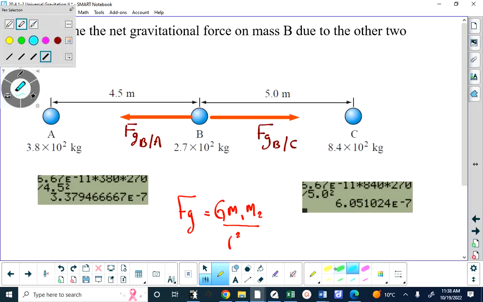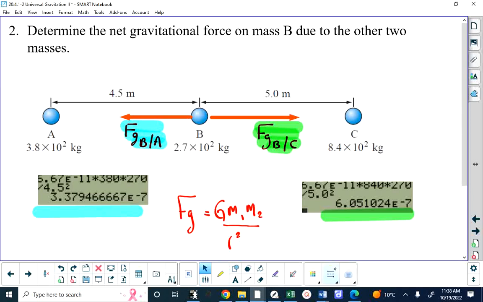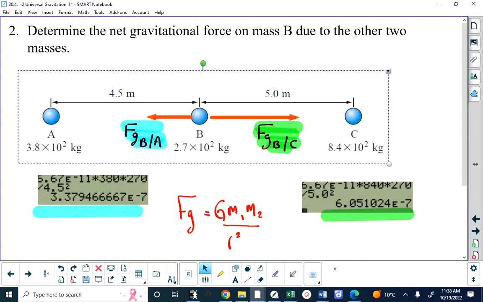This force here is this number, and this force here is this number. So if we want to find the net force, let me redraw this maybe a little bit more to scale. Since these two forces are in opposite directions, we're going to subtract them to find the net force.